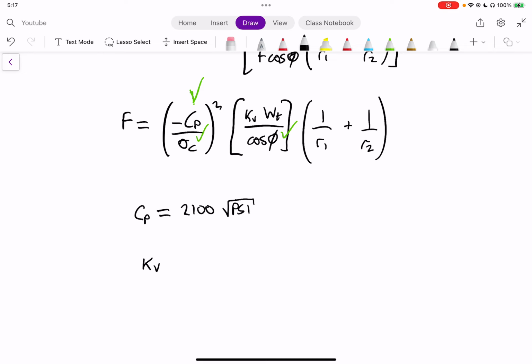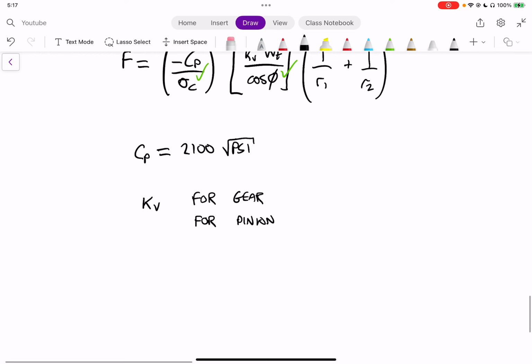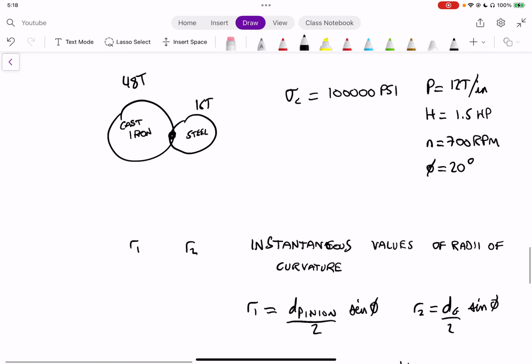So Kv, we have two choices. We have only one equation for the contact stress between the pinion and the gear. Now, Kv could be found for our gear and for our pinion. Which one should we use? We have steel on one side and cast iron on the other side.